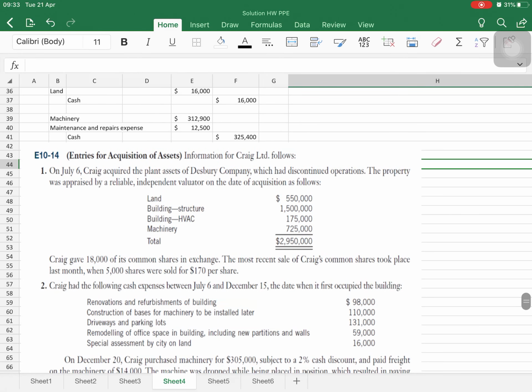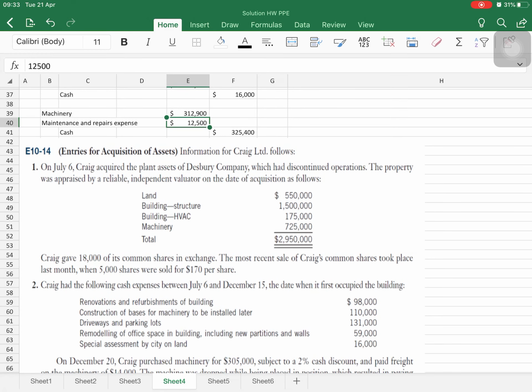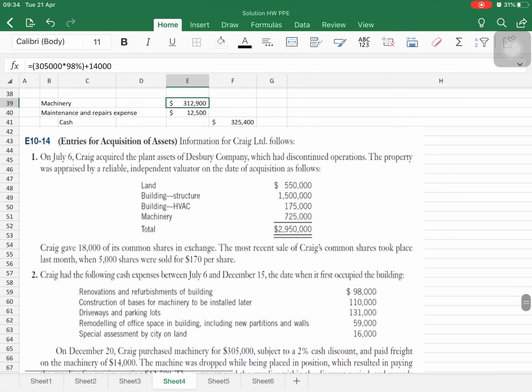So debit here 12,500, and then the machinery is 305,000 multiplied by 98%, because 2% is the cash discount, plus 14,000 of transportation.